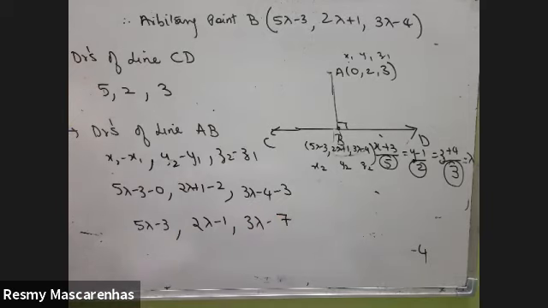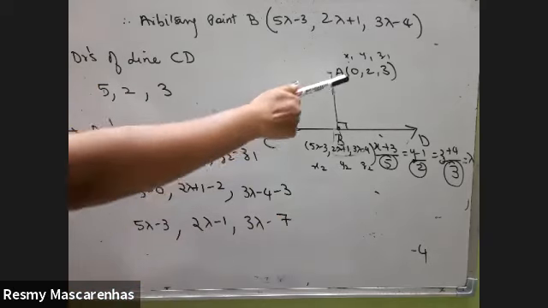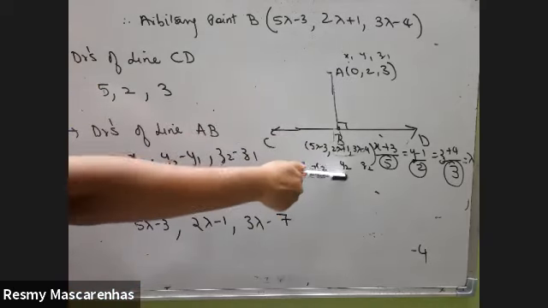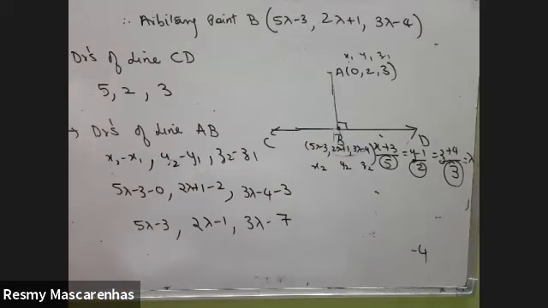So I told you, any time two lines are perpendicular, you know that A1 A2 plus B1 B2 plus C1 C2 will be equal to 0. Okay, so I'll write here on top.